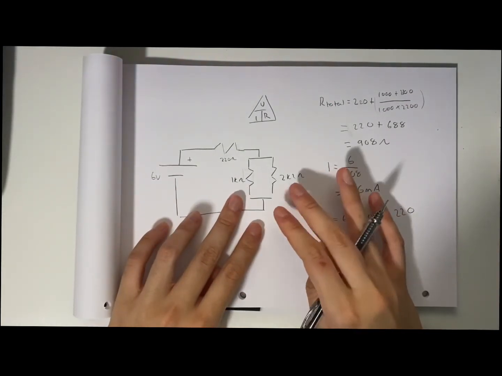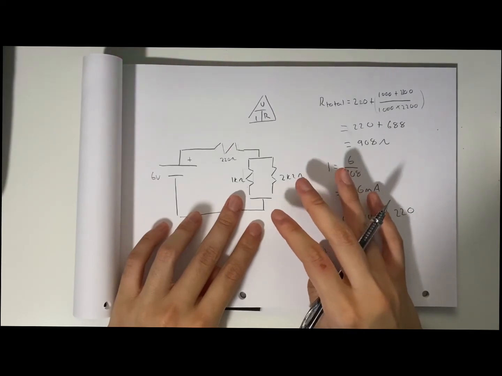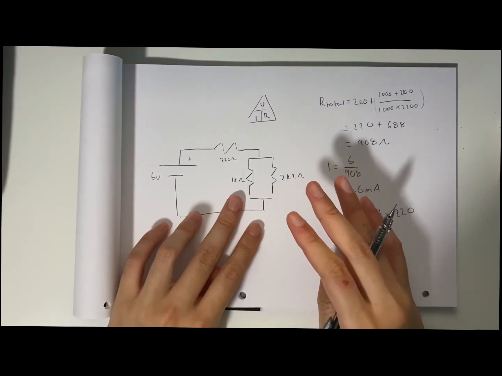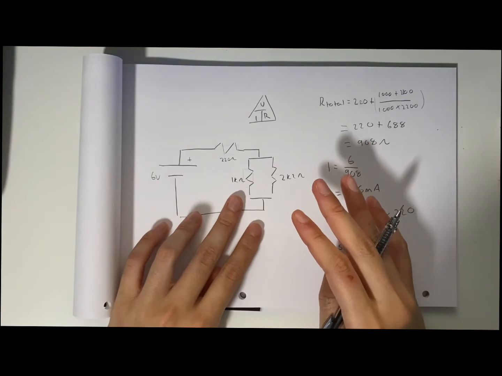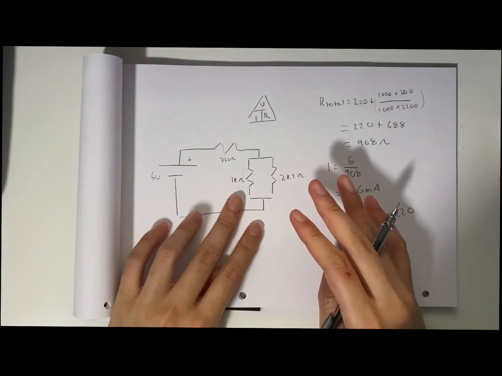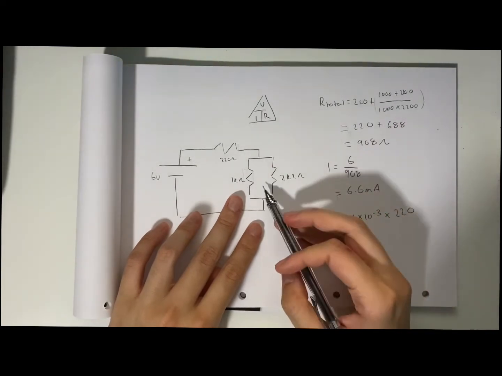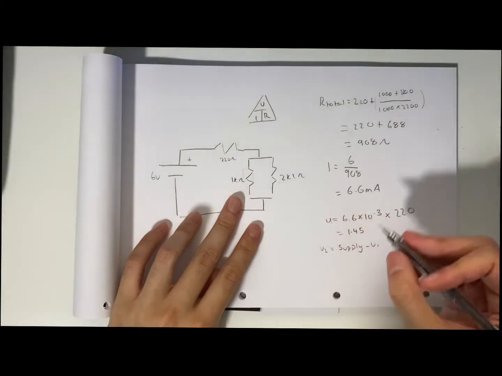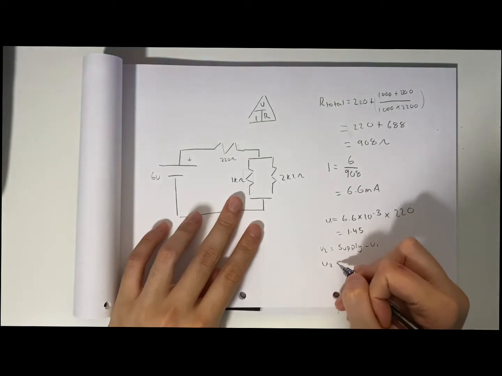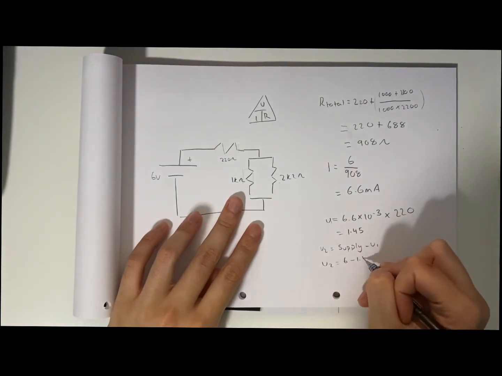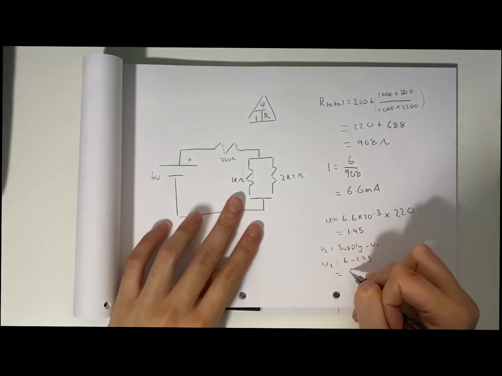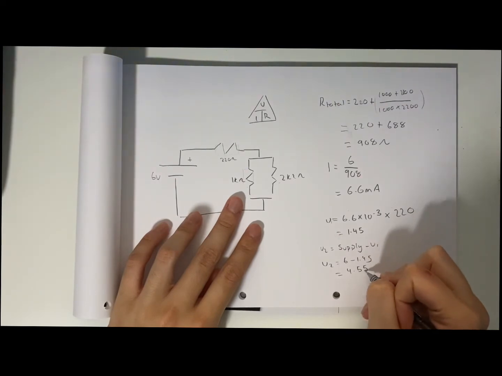Now, I should mention that in parallel circuits, the voltage is the same, regardless. In series circuits, the voltage would be different. So the voltage from here to here is the same. So we substitute our values, 1.45, and we get 4.55 volts.